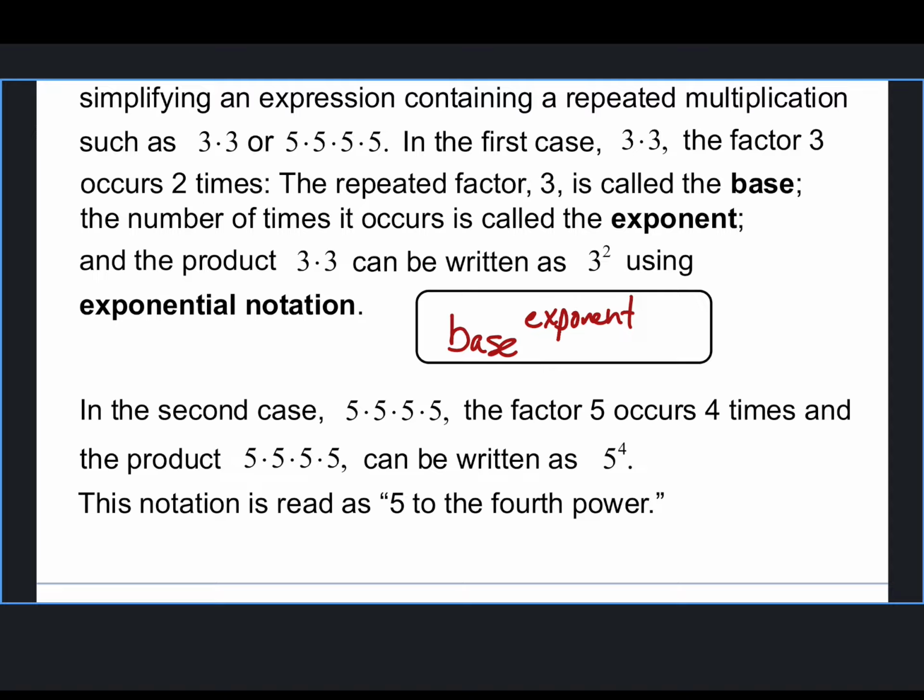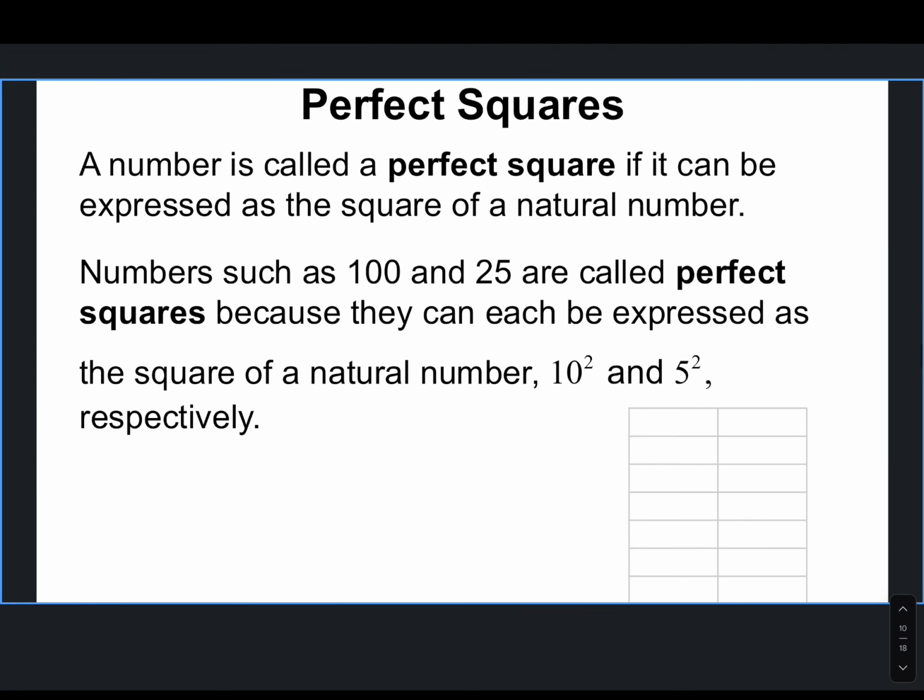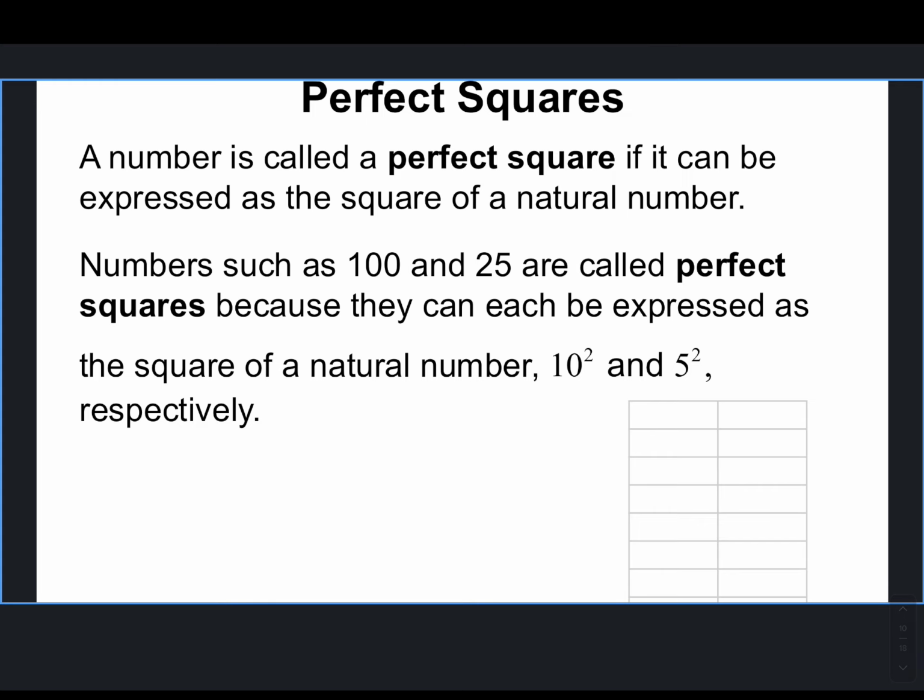Any questions about exponential notation? Okay, let's talk about perfect squares. A number is called a perfect square if it can be expressed as the square of a natural number. What are the natural numbers? The natural numbers are 1, 2, 3, 4, 5, and so on.